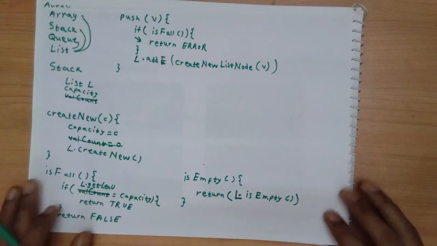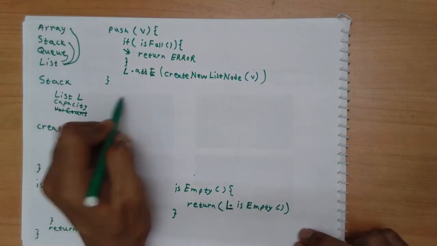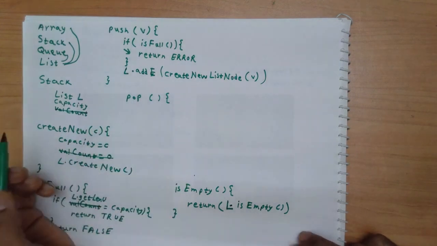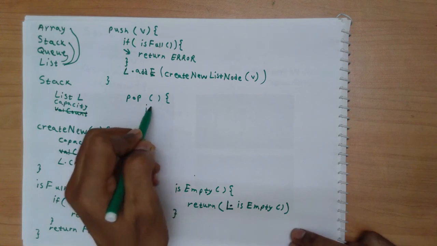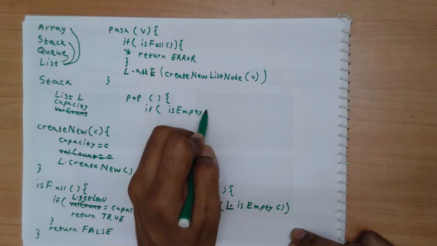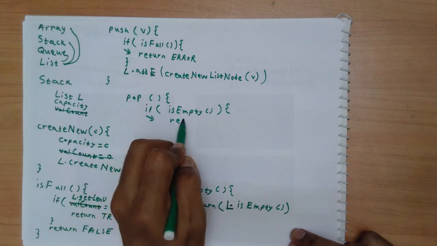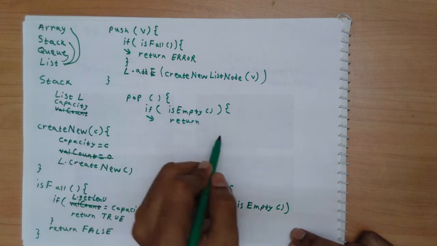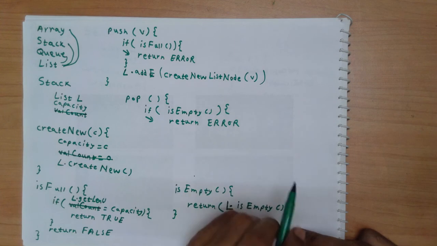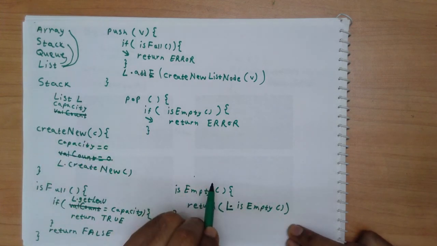If the list is not empty, the stack is not empty. And now let's go and have our pop operation. So I'll check the is empty operation of my stack, and if it returns true, I should return an error. You cannot pop from an empty stack, so I return an error, and that's where I'm done with the empty case.